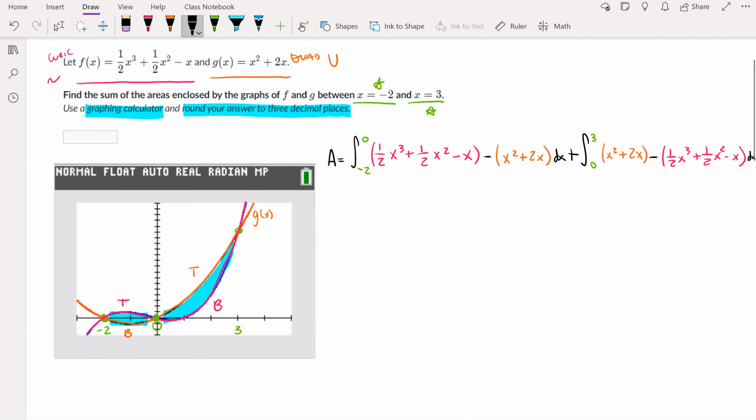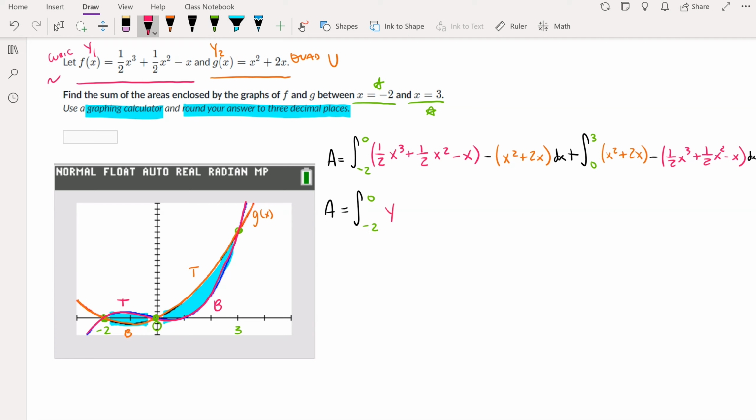So let's go back to OneNote. This is y1. y1 is my pink function, my cubic, and this is y2 in my calculator. So another way we could think of this integral, and you don't have to write this, but this is what we're about to do in our calculator.